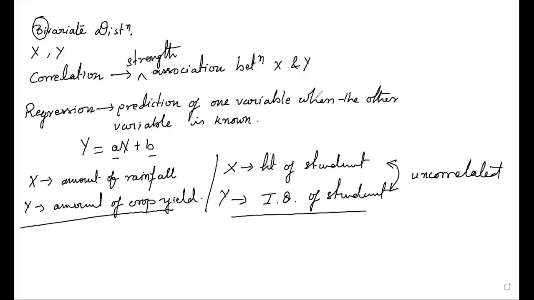Let me write the bivariate distribution first. The values of the random variable Y and X are given to us: Y takes values 0, 1, 2 and X takes values 0, 1.